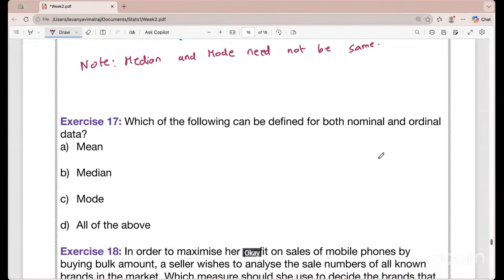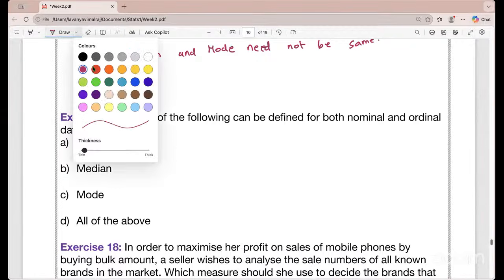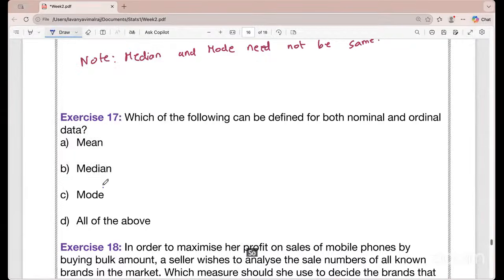Which of the following can be defined for both nominal and ordinal data? Option C, mode. For both nominal and ordinal it is mode. Can we describe median for nominal data? No, ma'am. Only for ordinal.